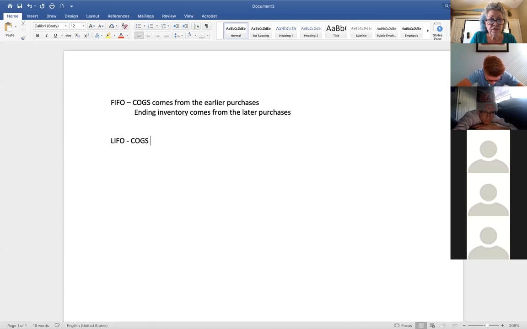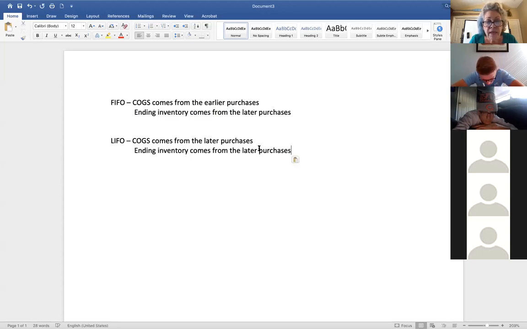So cost of goods sold comes from the later purchases because the last ones in are the first ones out. And the ending inventory comes from my earlier purchases.